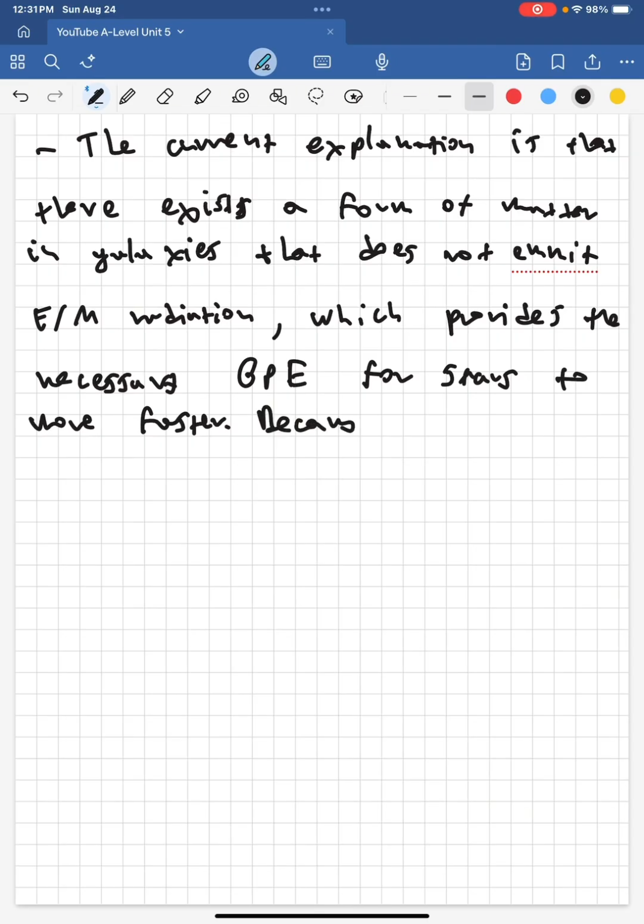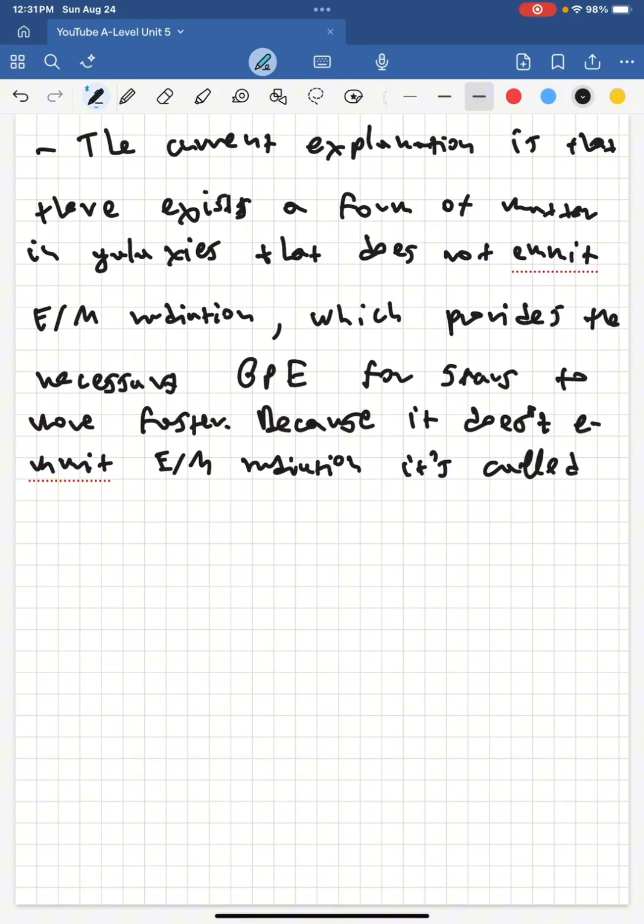Because it doesn't emit electromagnetic radiation, it's called dark matter, okay?